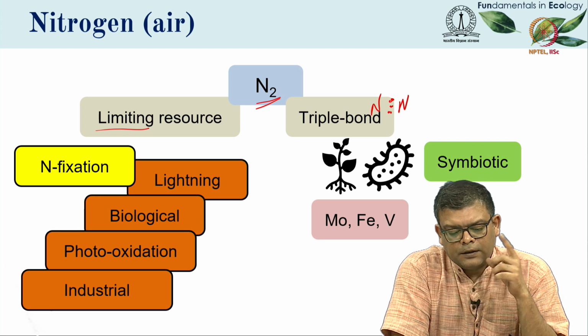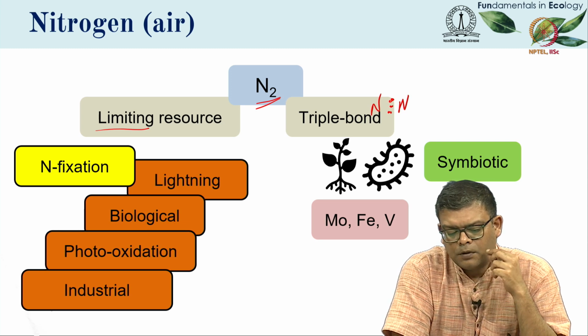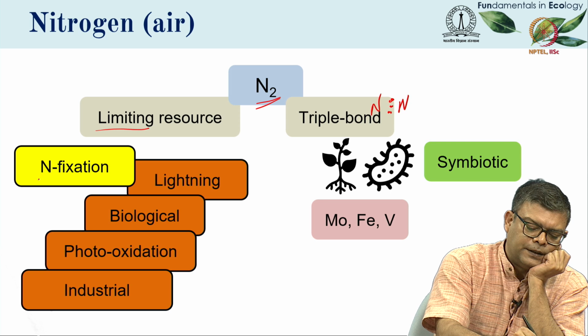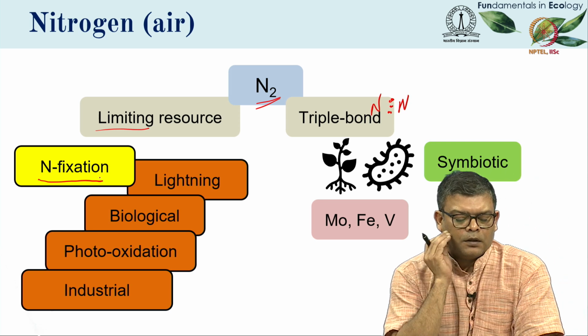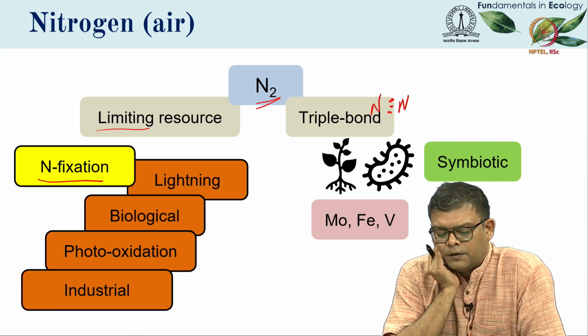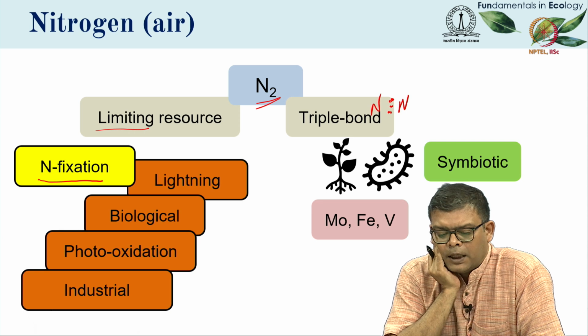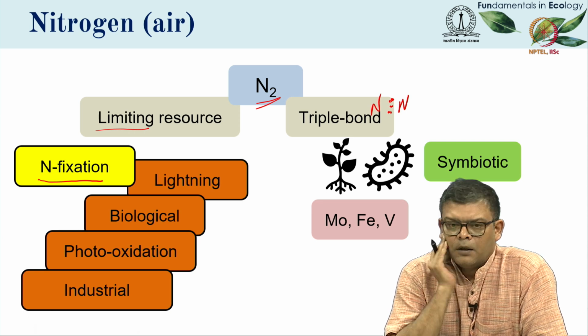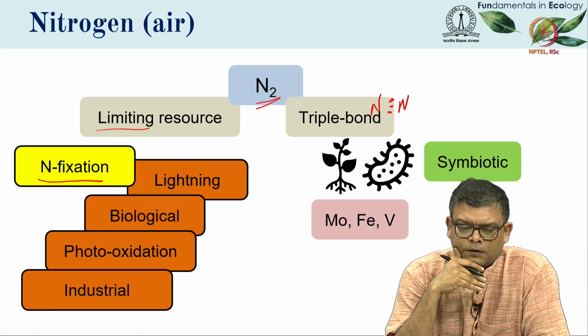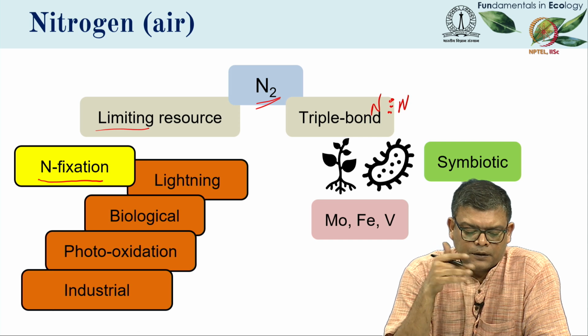And this triple bond can be rearranged through a process known as nitrogen fixation, which is often used in relation to reducing elemental nitrogen into ammonia, adding hydrogen, changing its oxidation state, and rearranging the bonds.